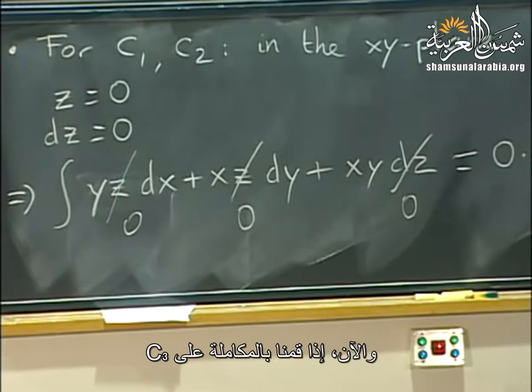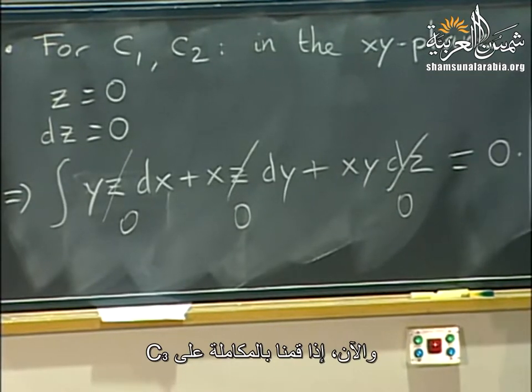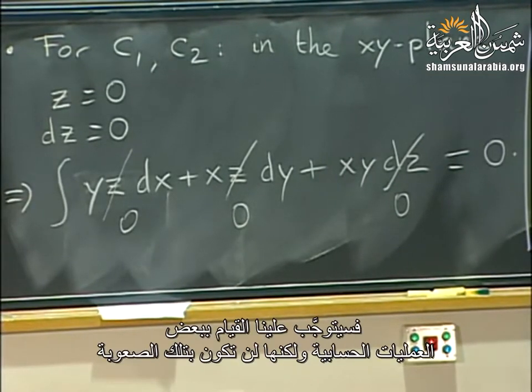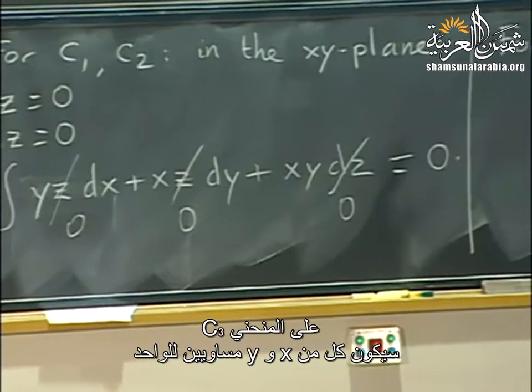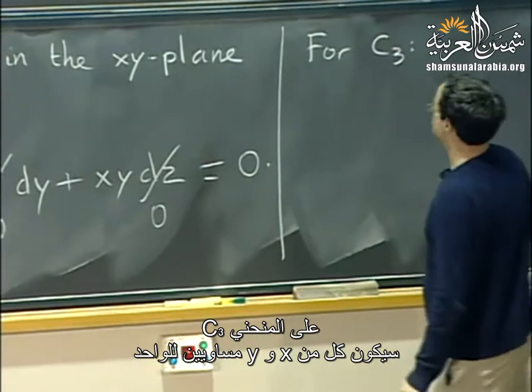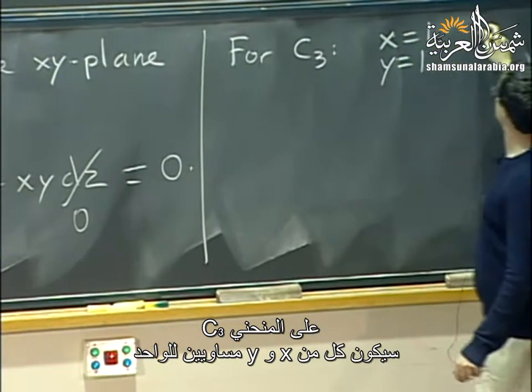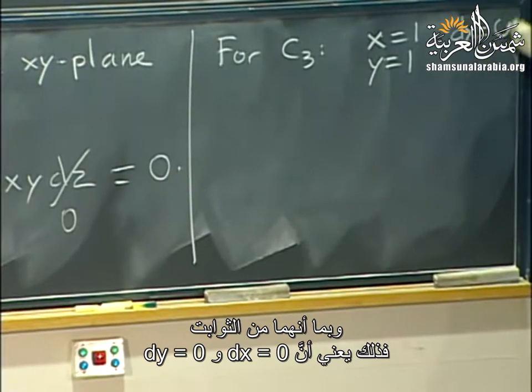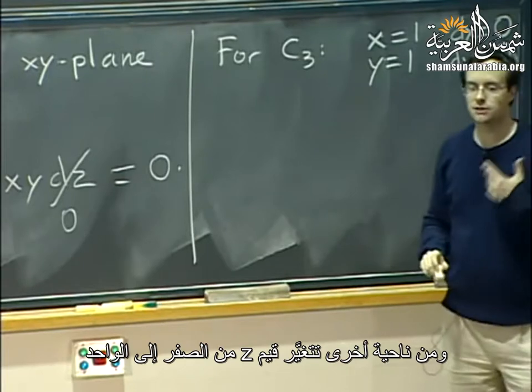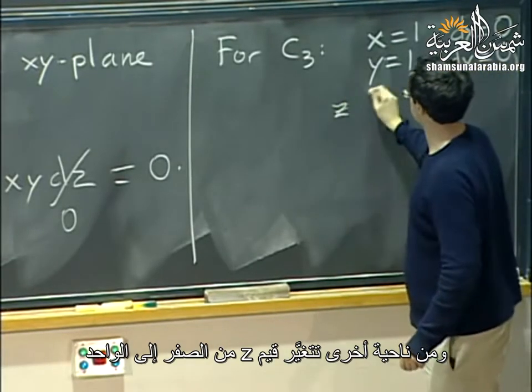Okay, now if we do C3, well, there we might have to actually do a calculation, but it won't be all that bad. So C3, well, x and y are both equal to 1. And of course, because they're constant, that means dx is 0, dy is 0. And on the other hand, z varies from 0 to 1.